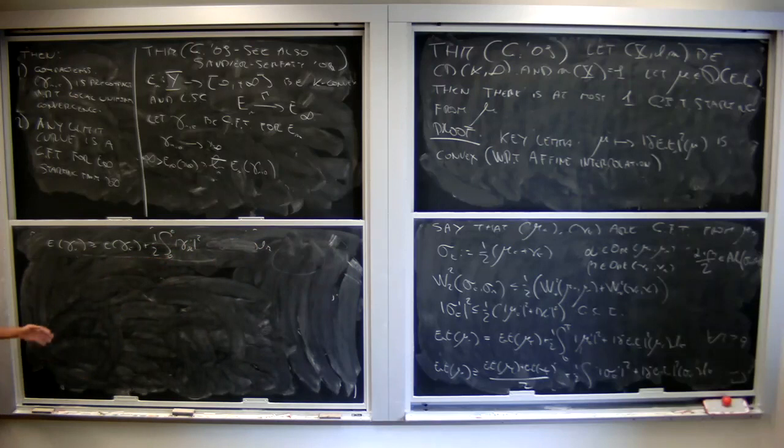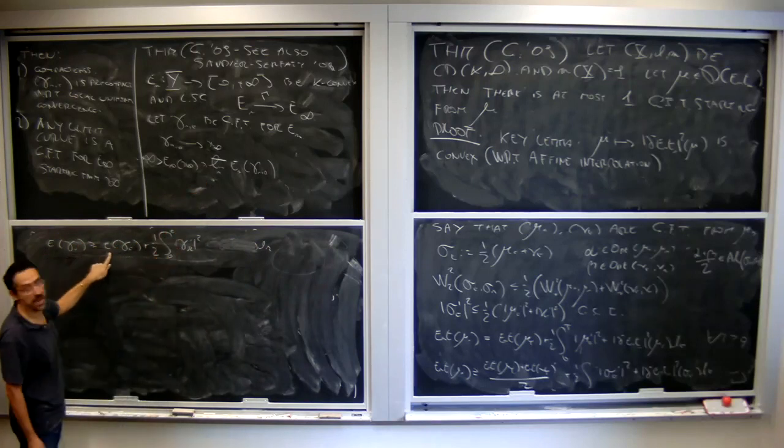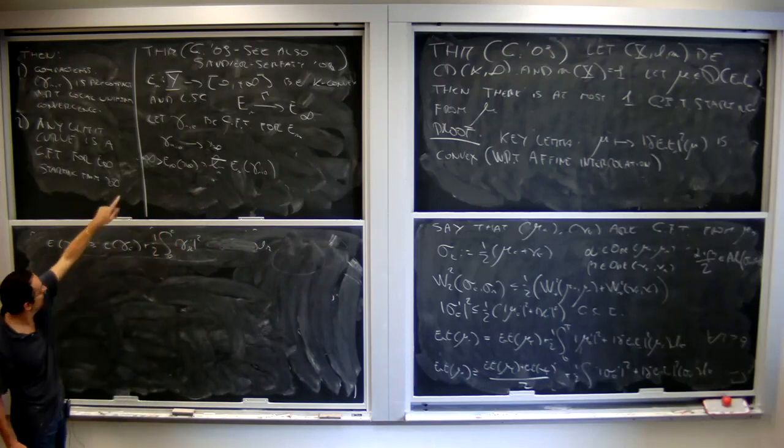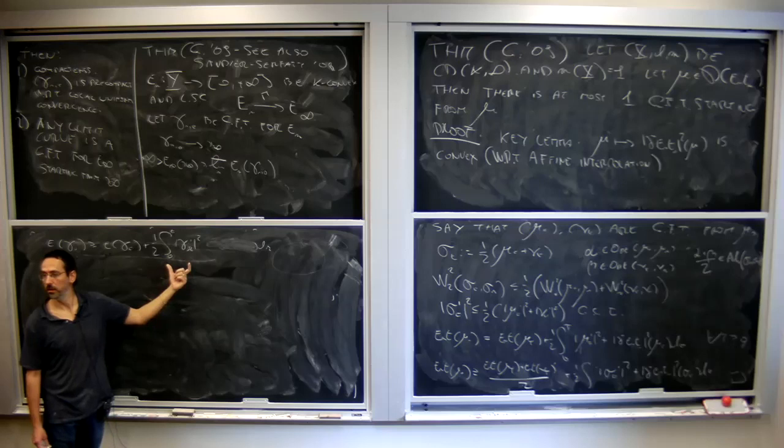Now, if you have a sequence of curves for which these quantities are uniformly bounded from above, and they are, and these are uniformly bounded from below, and they are because the functions are non-negative, then what I have is a sequence of curves for which this integral is uniformly bounded. Okay?